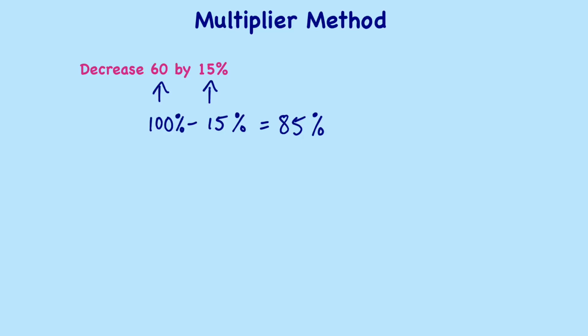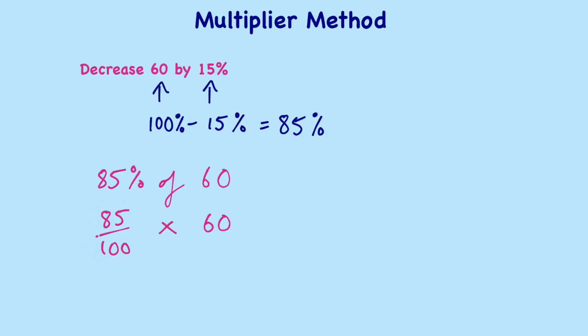So let's set that up as a calculation. So we're going to find 85% of 60. Now we can write 85% as 85 over 100. My of means times, and I've got 60. Now the multiplier is writing 85 over 100 as a decimal.